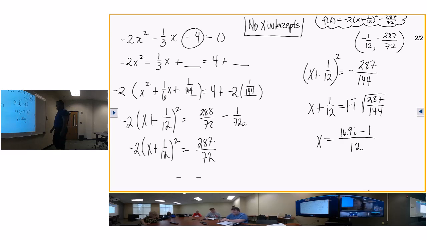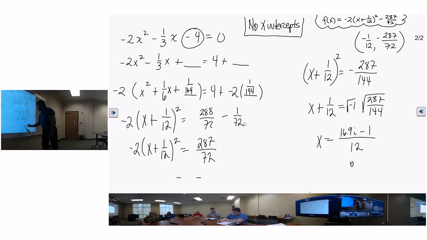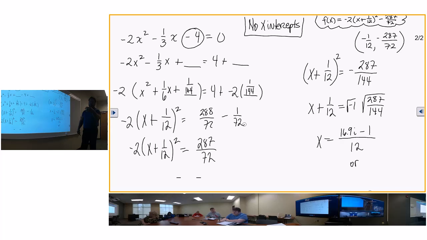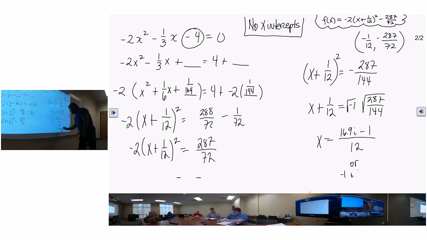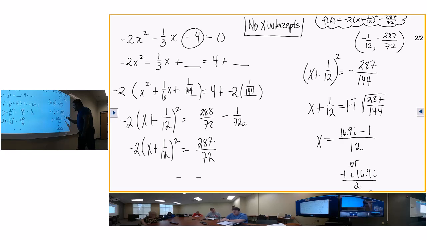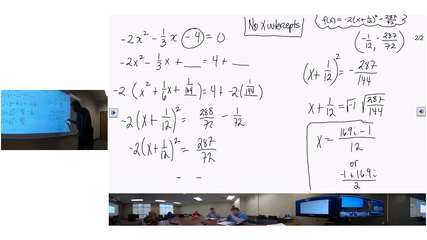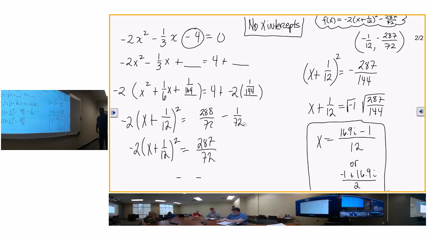So you need to write that down because some of this standardized testing and some of this testing homework will want you to write negative 1 plus 16.9 i over 12. So you need to write both.